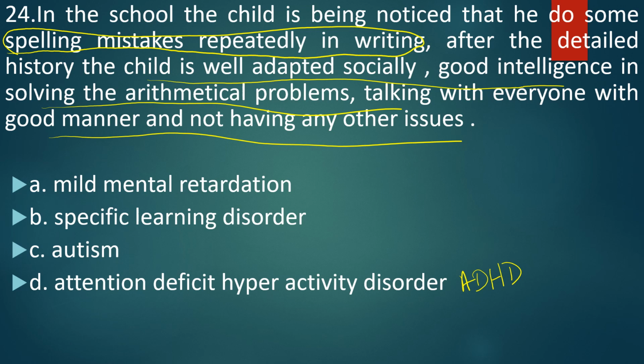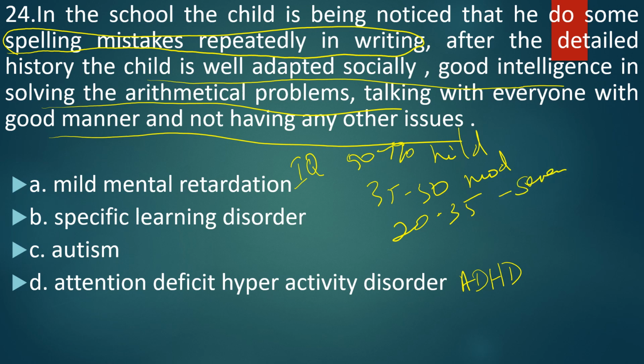Mental retardation, MR, is always based on the IQ, intelligence quotient, which is categorized into mild, moderate, severe, and profound. 50 to 70 is mild. 35 to 50 is moderate. 20 to 35 is severe, and below 20 is profound.